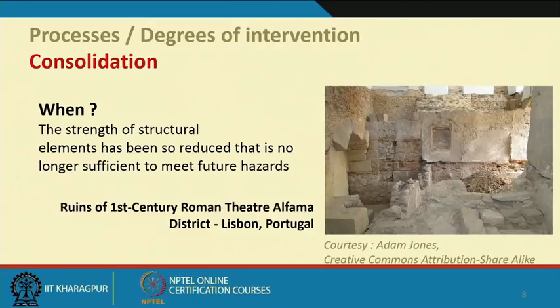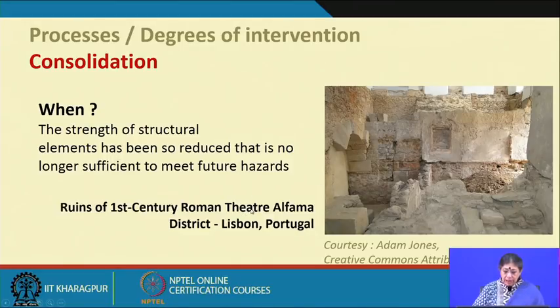We are not removing the structure, we are not taking away the structure and rebuilding it, that has to be very well understood. We are using some sort of strengthening element, strengthening material, to help it gain some strength to survive for a longer time. Now, you can see that this is a wall, ruins of the 1st century Roman theatre in Alfama district in Lisbon, Portugal.